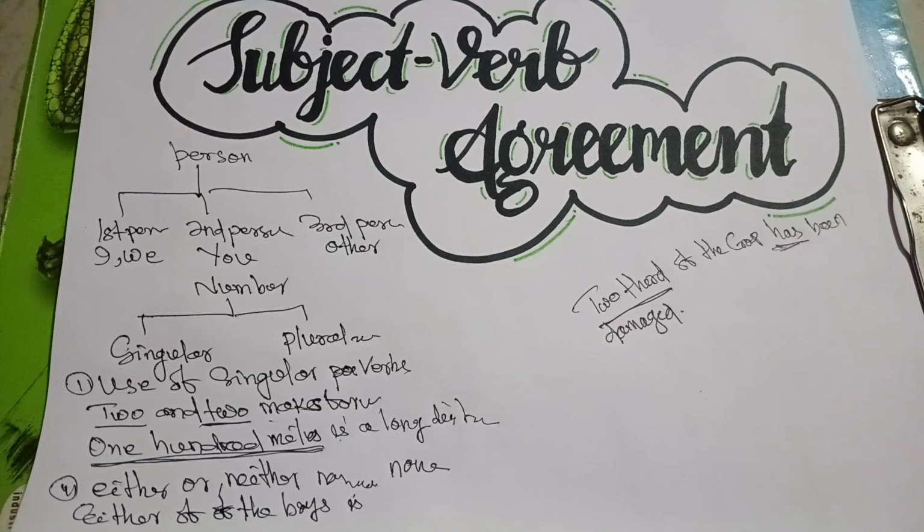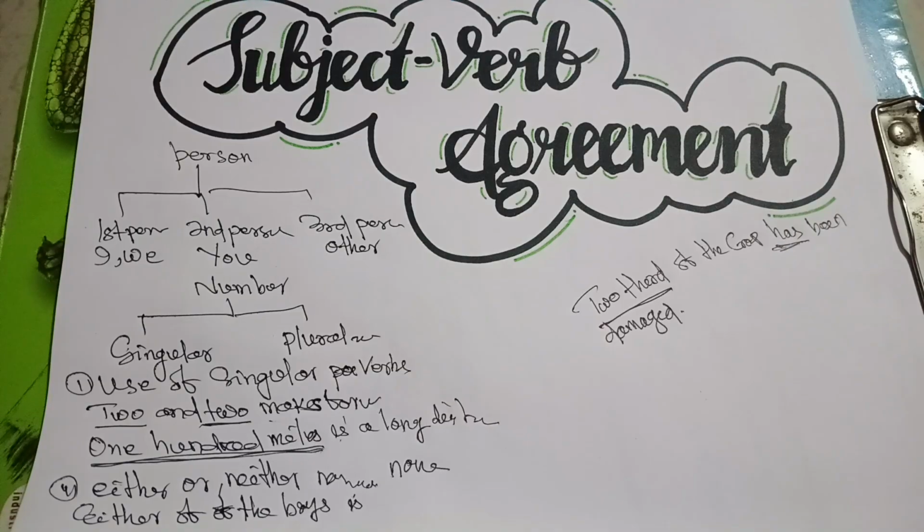Similarly, mathematics, physics, economics, news, mumps, dynamics, electronics, ethics, like this. A number of words look like plural but they take a singular verb. These are the singular cases in which we use a singular verb.